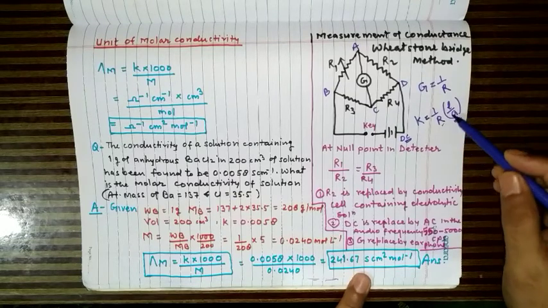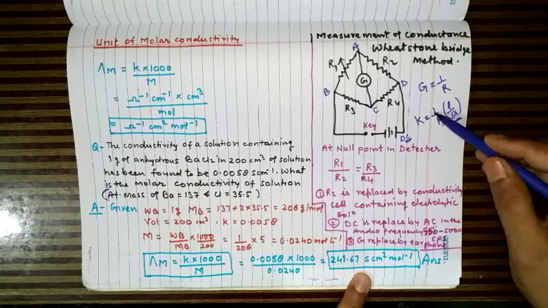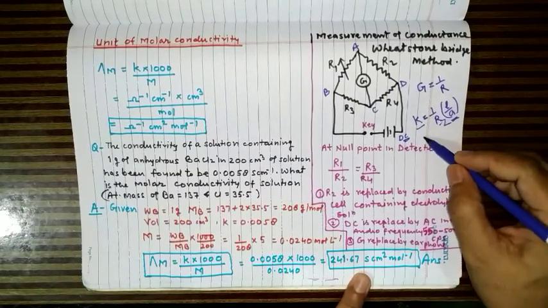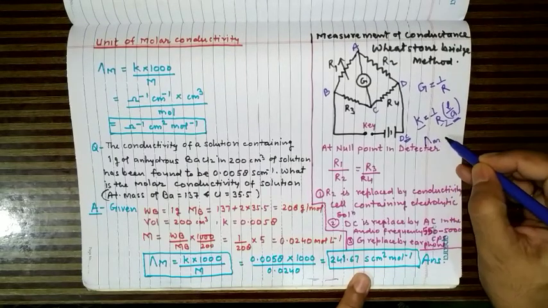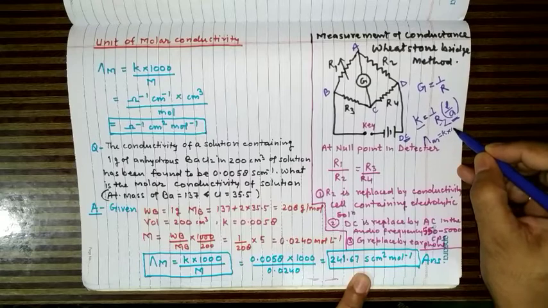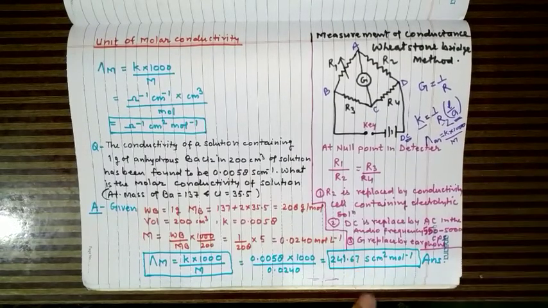Since the resistance is measured by the Wheatstone bridge method, R2 being our unknown resistance, kappa can be determined. And once kappa is determined, we can determine the molar conductivity also, because molar conductivity equal to kappa into 1000 upon molarity of the solution. So in this way we can measure all this.